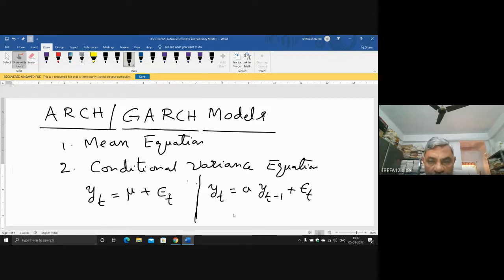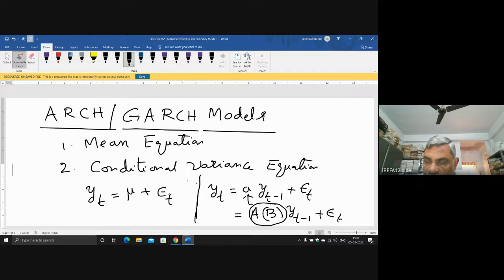In general, we may write this as some function a, that is a polynomial a in the backshift operator B, applied to y_{t-1}, plus epsilon_t. If this polynomial is of first degree, then it will be of this form.